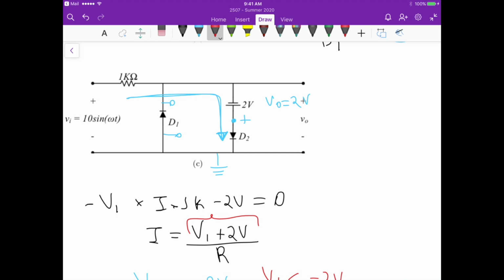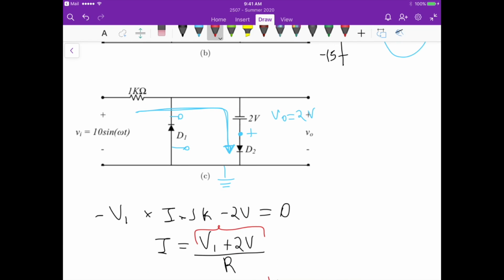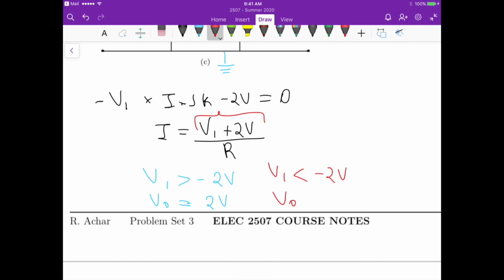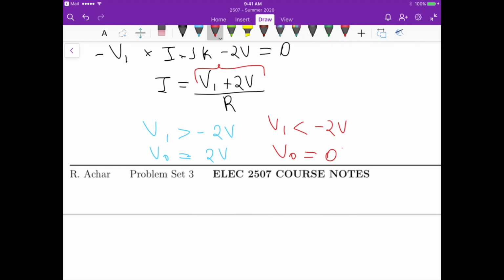But if the voltage VI is less than minus 2 volts, then current will be allowed to flow in this direction, but blocked in this one here, so diode 2 will not conduct. And then V out is just the voltage across diode 1, which is a short circuit, so we are basically measuring the potential difference between two nodes that are connected to the same place, so there is no potential difference, so V out is equal to 0 volts.